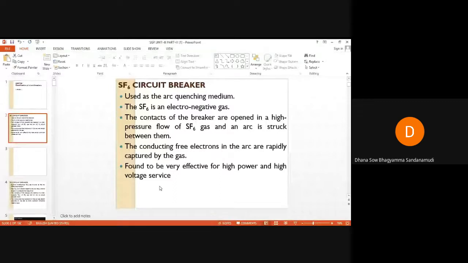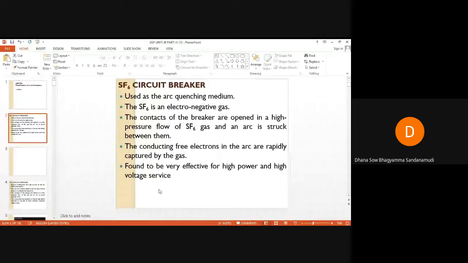The conducting free electrons in the arc are rapidly captured by this gas to form relatively immobile negative ions. So when the arc comes in contact with this high pressure flow of SF6 gas, the free electrons of the arc are captured by the gas to form relatively immobile negative ions.